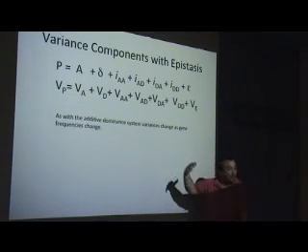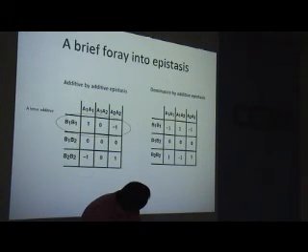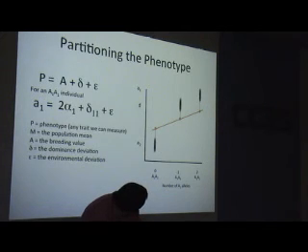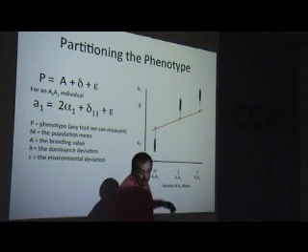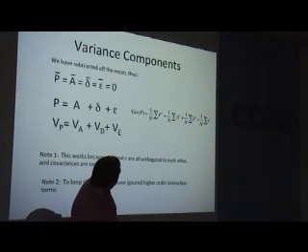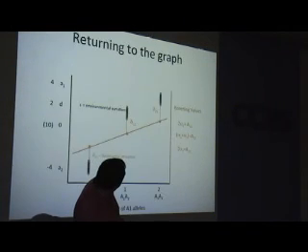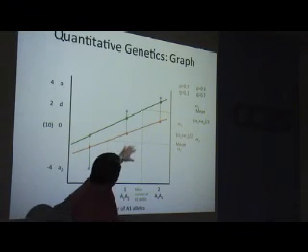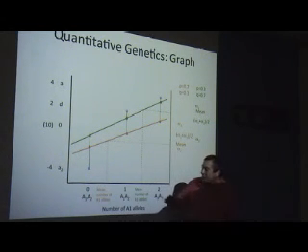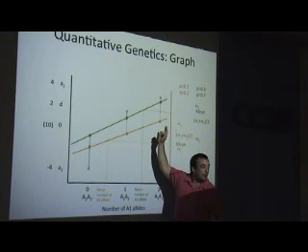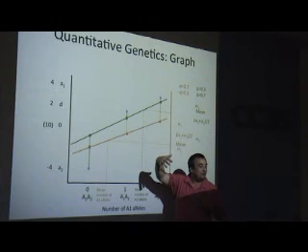But just as I showed, if we go to this graph right here, yes, they're independent of each other, but when we change gene frequencies, which is effectively changing the weighting on those 3 points, the regression slopes and lines change.